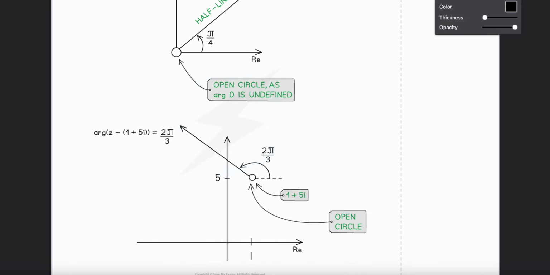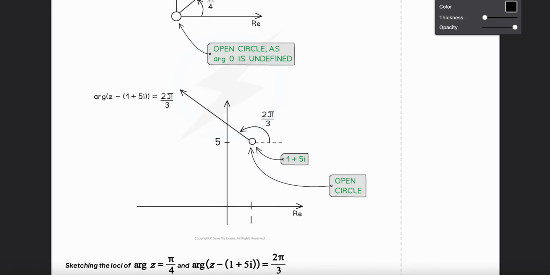But now for this one, we have 1 plus 5i. So first we have the 1 on the real and the 5 on the imaginary part. So the point is here, right? But since the argument of 0 is undefined, we are going to have an open circle at 1 plus 5i, right?